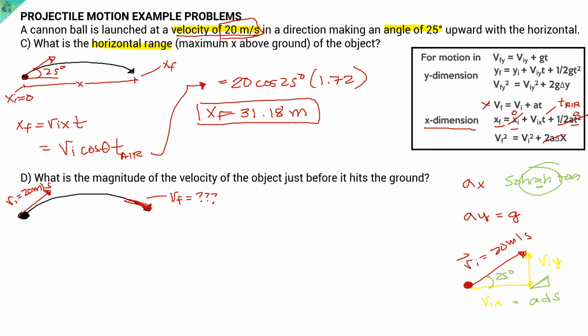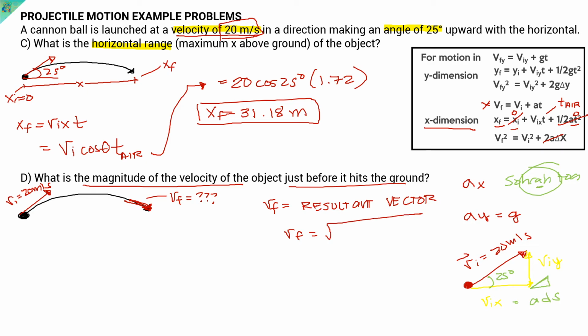Okay? So, if we are searching for the magnitude of the velocity just before it hits the ground, it also means that we are actually searching for the final velocity in terms of a resultant vector. Okay, and you already know how to search for a resultant vector, right? To search for the resultant vector, you need to use the Pythagorean theorem by writing down your Vx squared plus Vy squared.